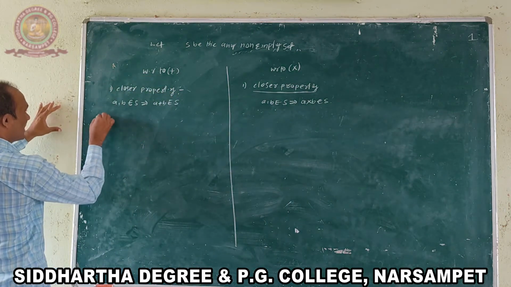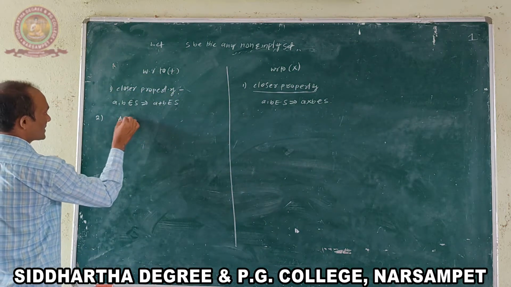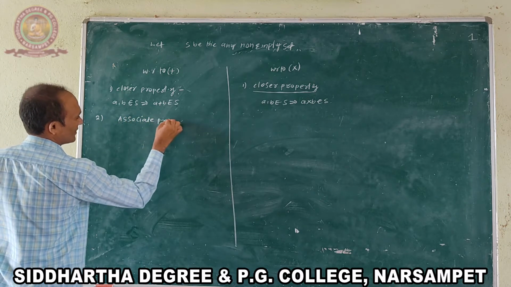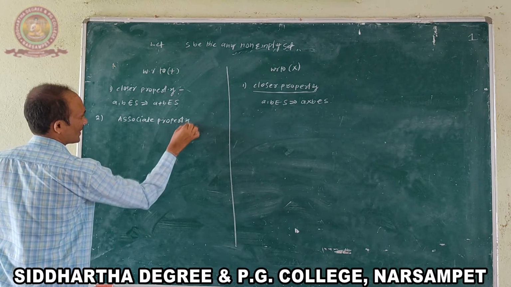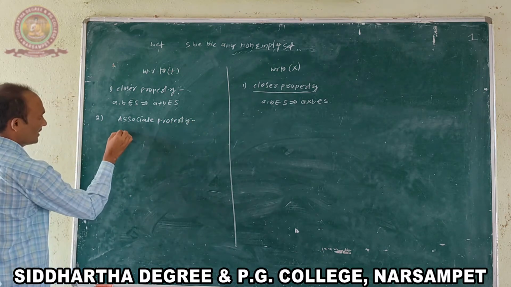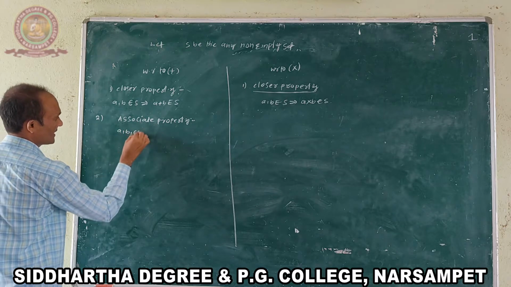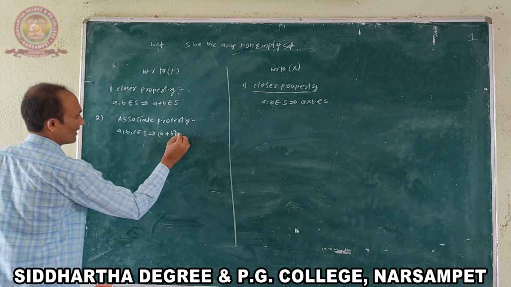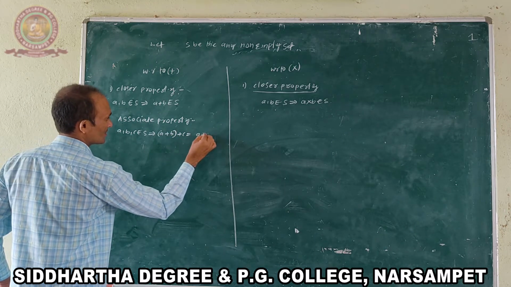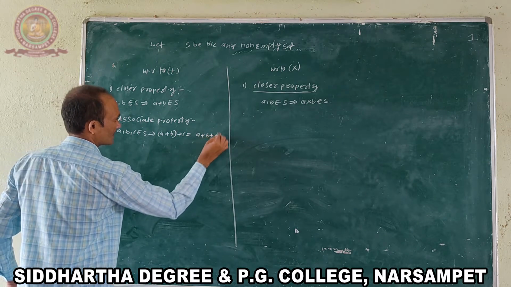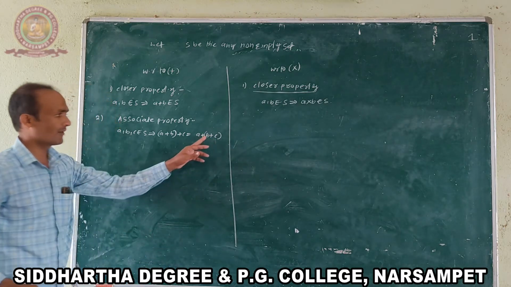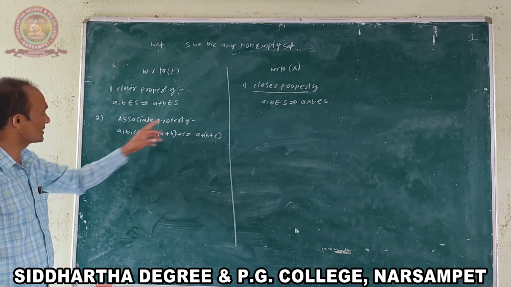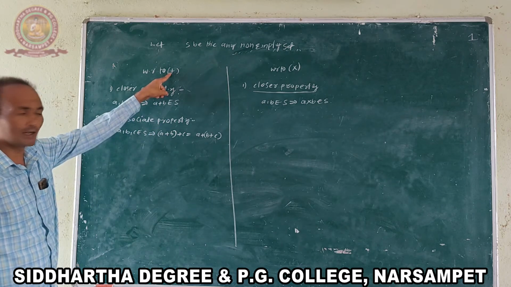Next condition, associative property. In addition: a, b, c which belong to S implies (a plus b) plus c is equal to a plus (b plus c). So S satisfies the associative property with respect to addition.